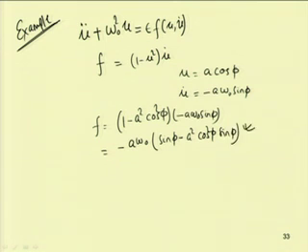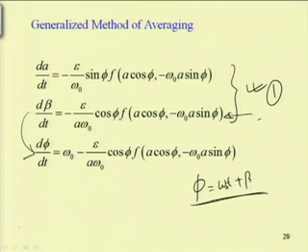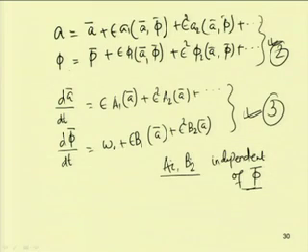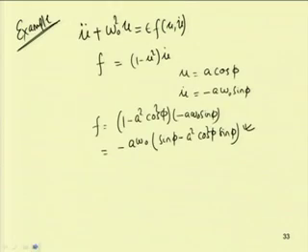So, now by using this f in equation 1, we can write dA by dt and d phi by dt. Before writing that, we can substitute a equal to a bar plus epsilon a 1 plus epsilon square a 2.